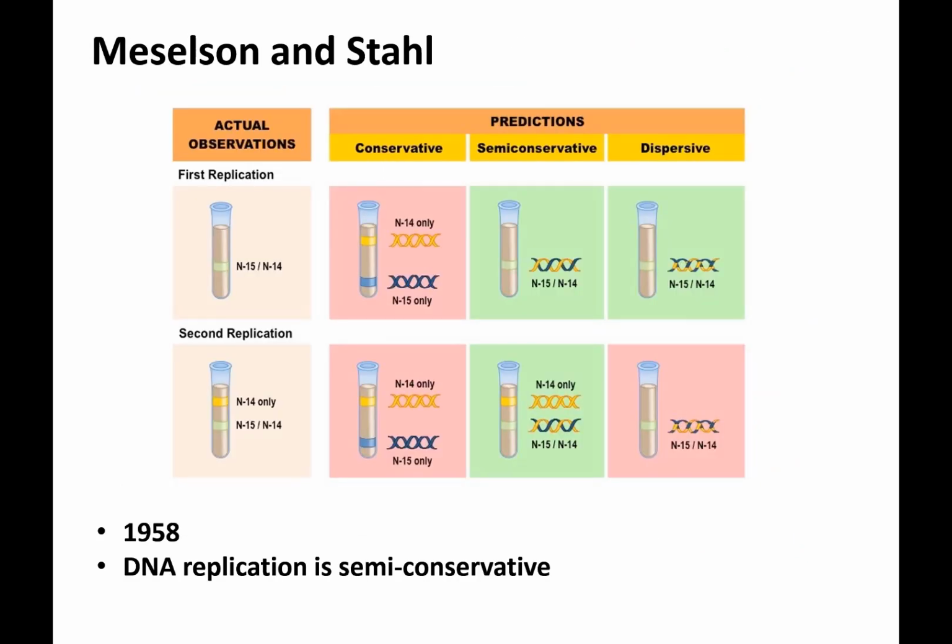The last experiment I want you to understand, which also uses isotopes, is Meselson and Stahl. And Meselson and Stahl looked at how DNA is replicated. And so there were lots of ideas. We understood the DNA double-strand structure, the helix, but how were new strands made? And there were three ideas.